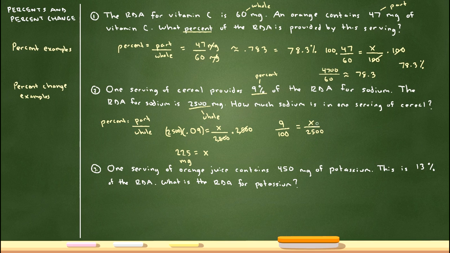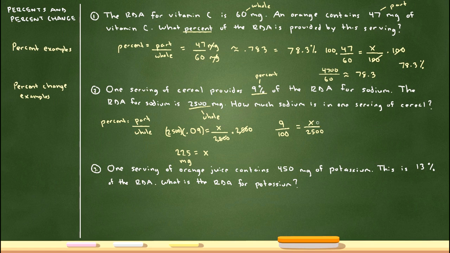And this is going to save us the work of converting this percent to a decimal. So 9 out of 100, that's the 0.09. Essentially we did that just by converting this straight into a decimal. But if you wanted to set up the ratio, this is how you could do it.